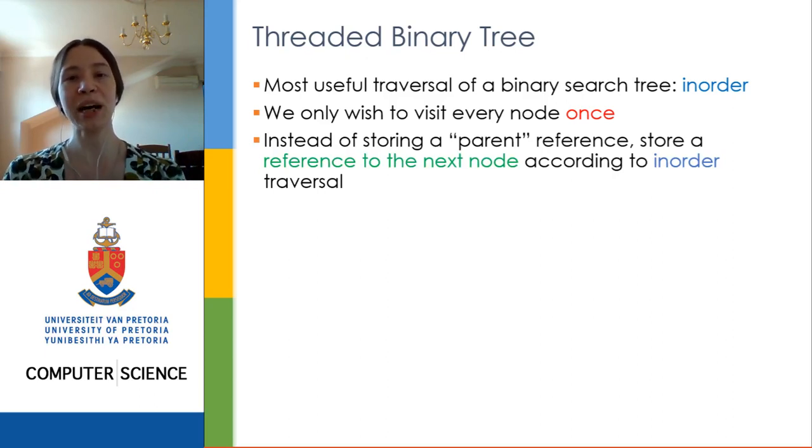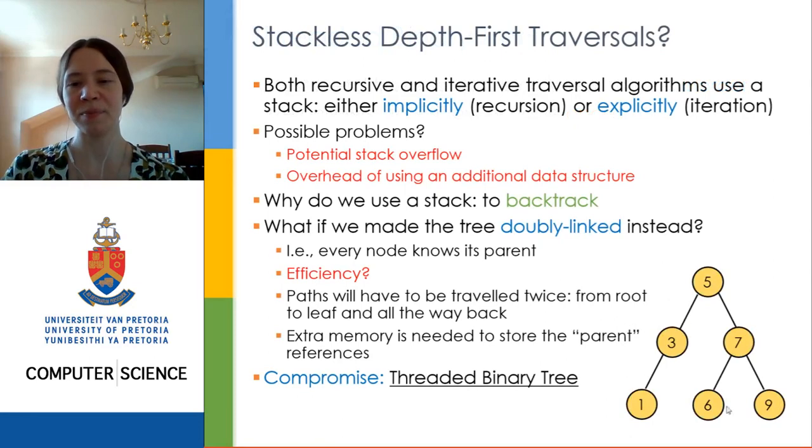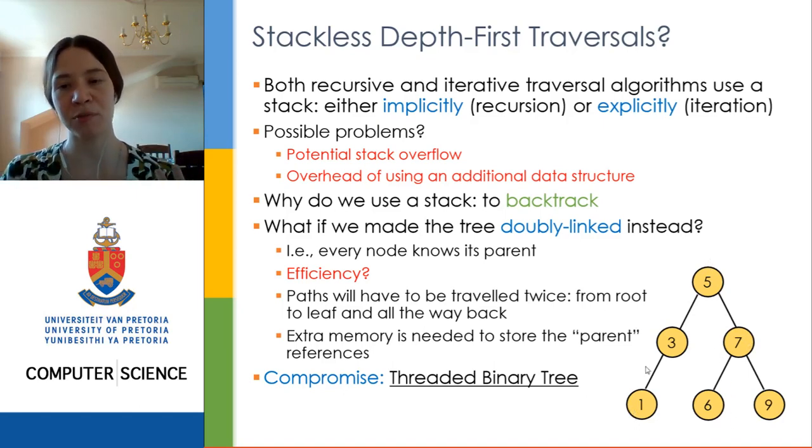Okay, so what we are going to do is, instead of storing a parent reference, we will actually store the reference to the next node that must be visited, right? If we go back to the previous slide, if we move all the way down to 1, we will obviously print 1, 3, and 5 before we go to 7. But if the tree was doubly linked, then to backtrack from 1 to 5, we will basically have to go from 1 to 3 and from 3 back to 5.